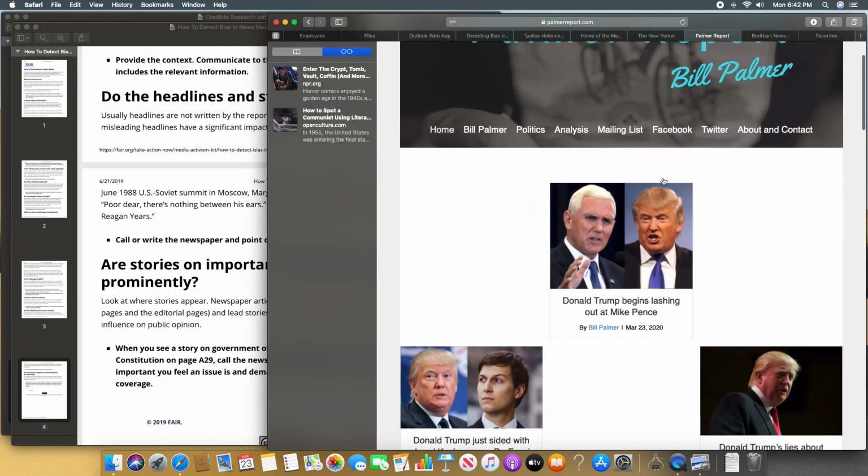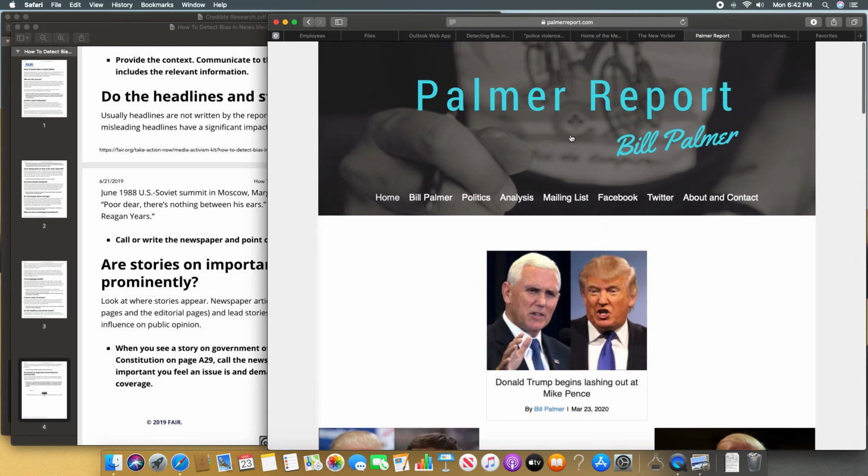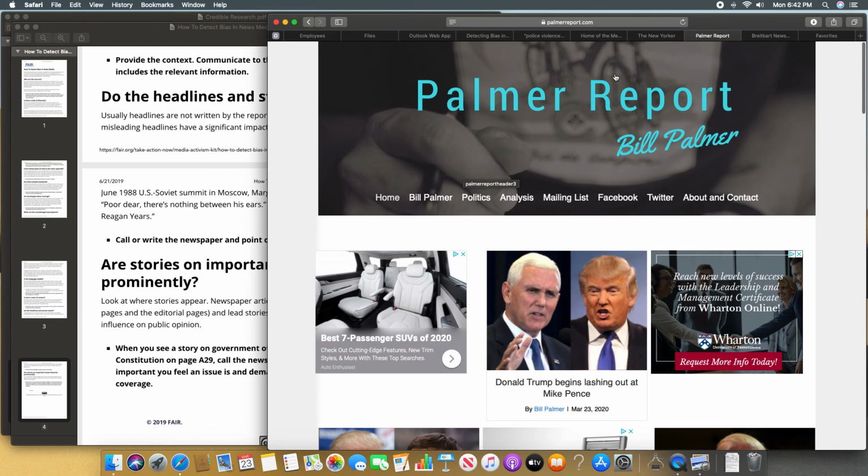Palmer Report. What's above the fold? We have this big ad up here, which is really silly. What do we need all of this empty space for? And we only have one article that ends up being above the fold: "Donald Trump begins lashing out at Mike Pence," sandwiched between ads. Okay.